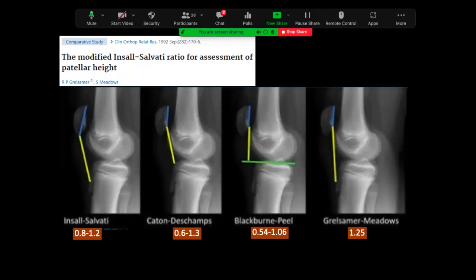And there are so many indices regarding the assessment of patellar instability. One is the modified Insall-Salvati ratio, given by Grelsamer and Meadows. Everything is the same, but it takes the distance of the patellar articular facet length.